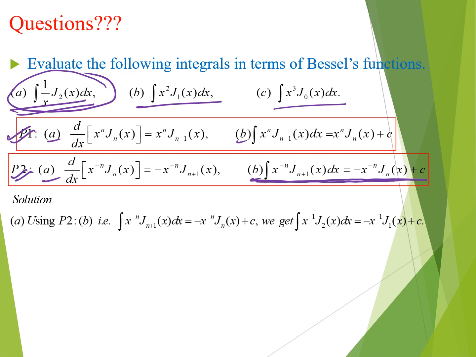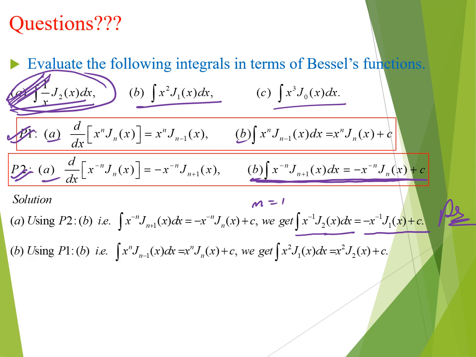In this value, when we replace n is equal to 1, we get integration x to the power minus 1 J2 dx, which is required over here, asked by question A. So this is equal to minus x to the power minus 1 J1 as per the solution.